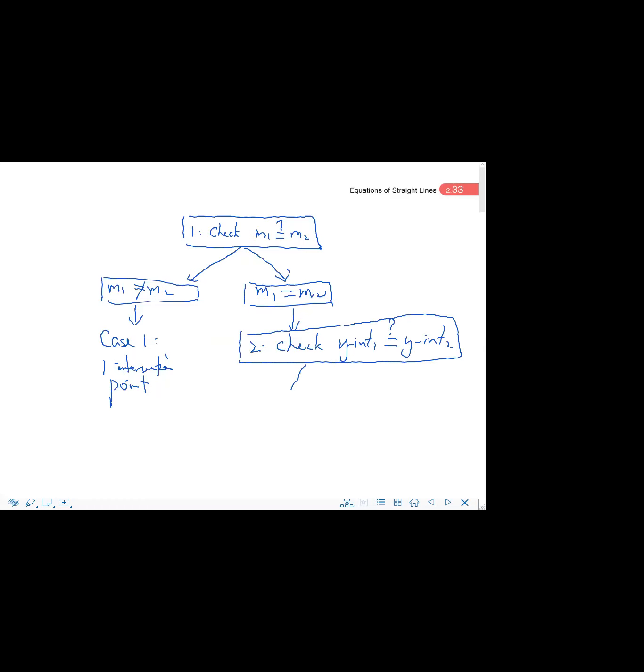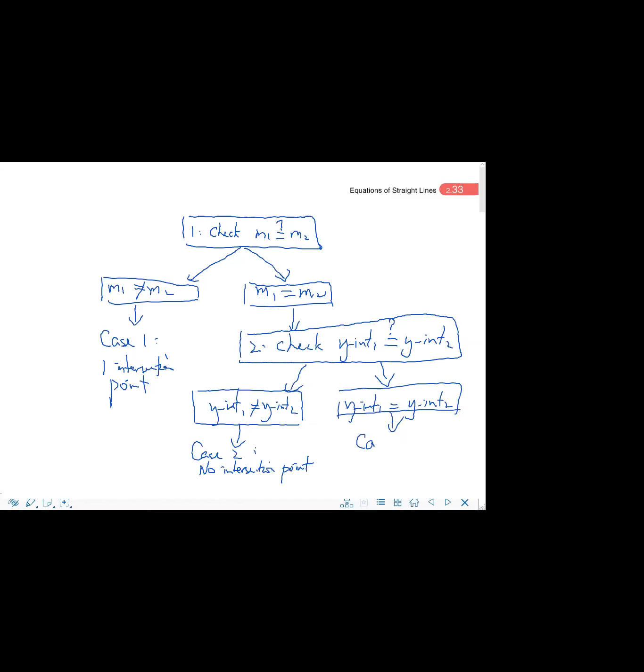If y-intercept 1 is not equal to y-intercept 2, then we can conclude that it is case 2. Case 2 means there is no intersection point. But if y-intercept 1 is equal to y-intercept 2, then we have the conclusion that it is case 3.